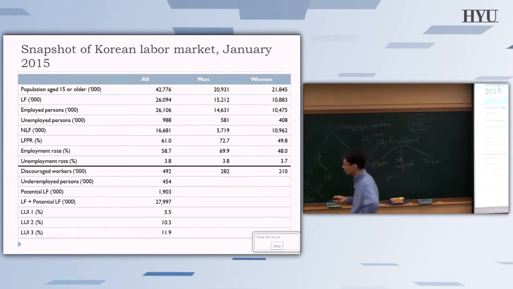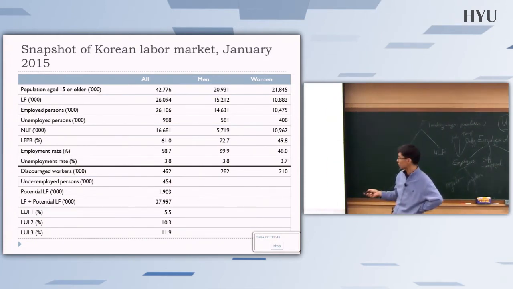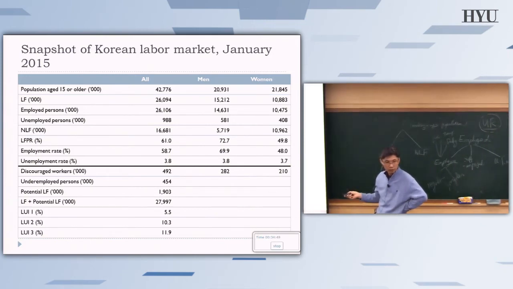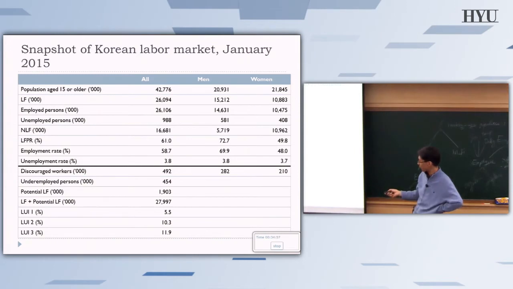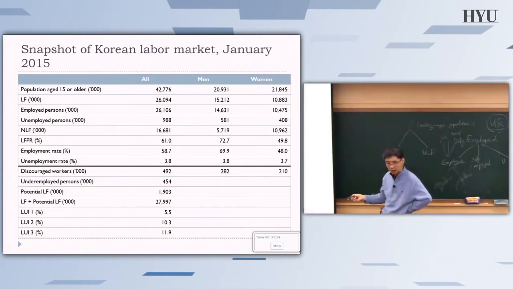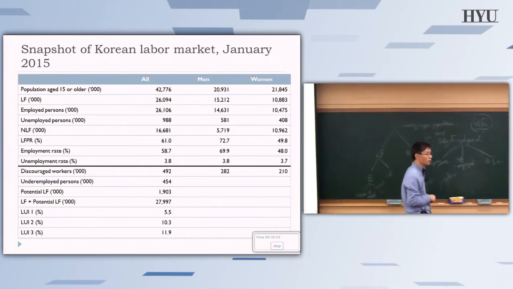So for labor underutilization indicator 1, the unemployment rate is 3.8, but if we include the underemployed persons, it goes up to about 5.5%. Then if we look at the potential LF, it's about 10.3, and when we add all of them, it's 12%.